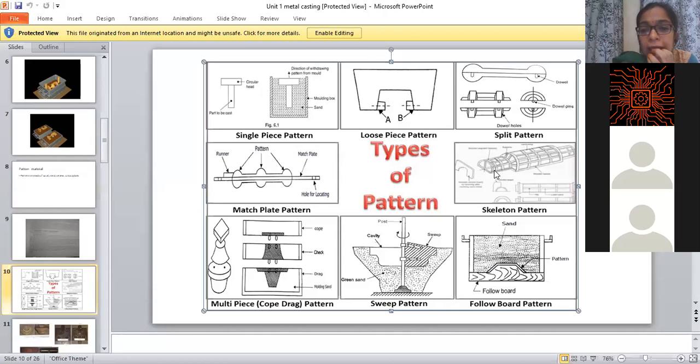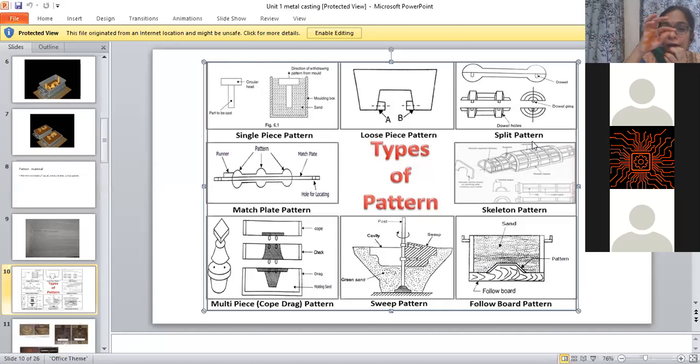Then this is a skeleton pattern. If you have skeleton structures, hollow structures like a rib, then you will go for skeleton pattern, which is made with wood.